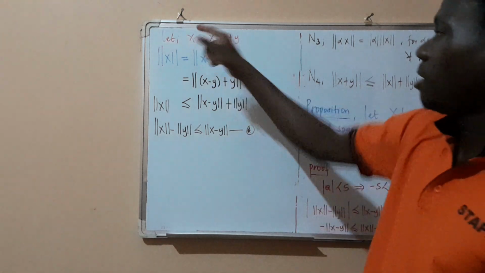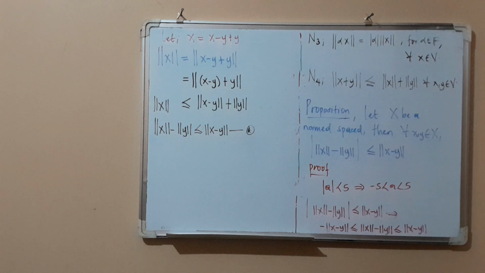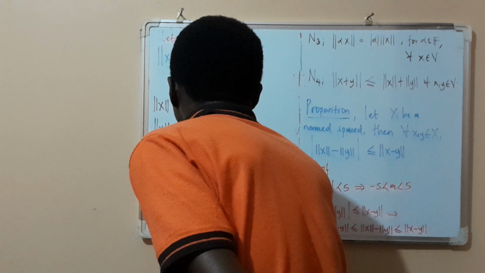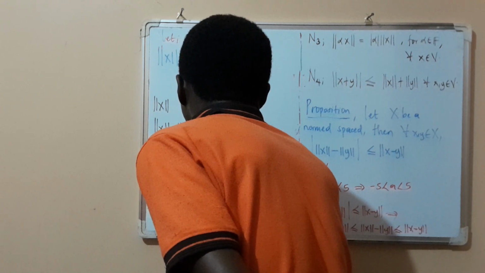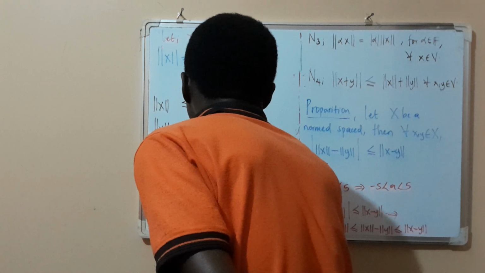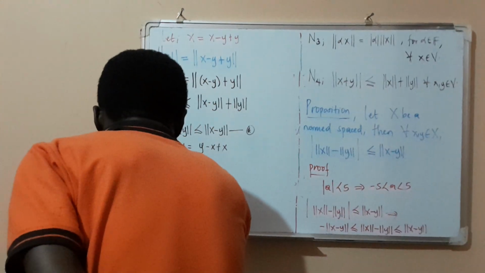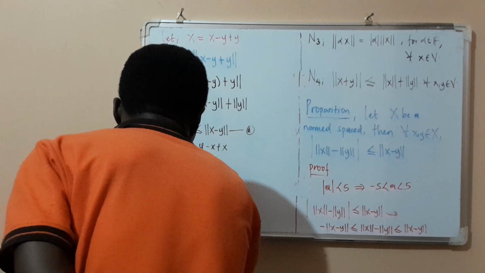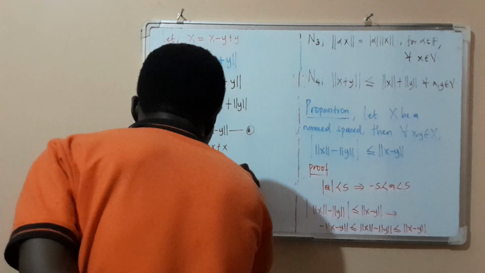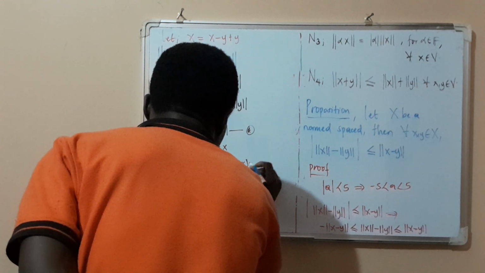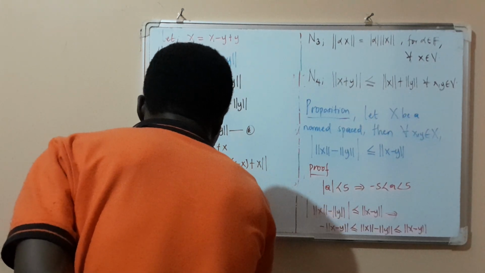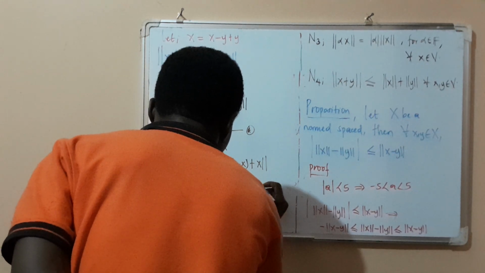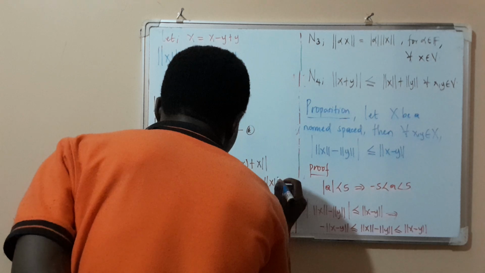So here I've used x. I'm also going to let y be y minus x plus x. Get the norm of y. This is equal to the norm of y minus x plus x. Applying the triangular inequality, this is less or equal to the norm of y minus x plus the norm of x.